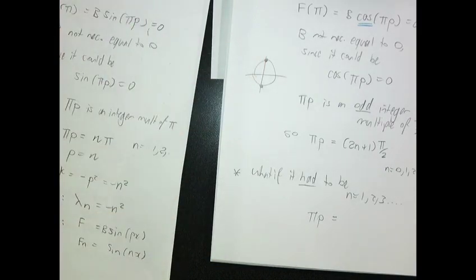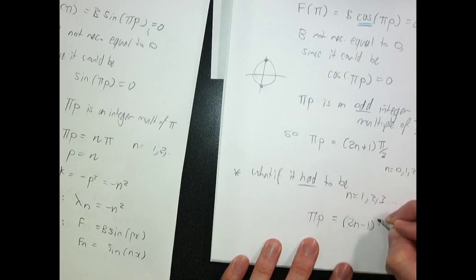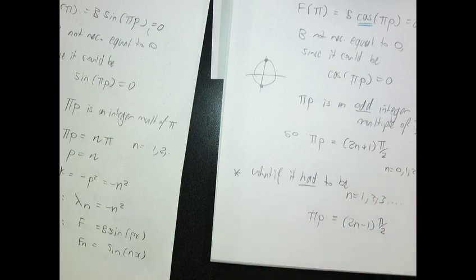So I should do 2n minus 1, so that when I put 1 into it, I still get a plain pi on 2. Really, really important. Okay?